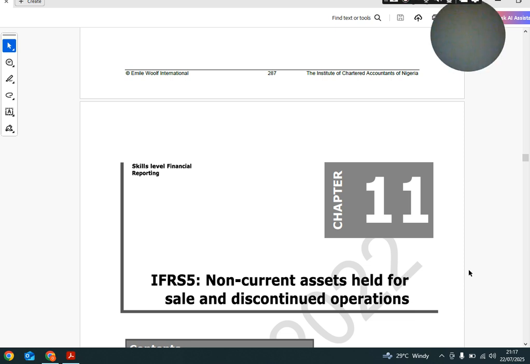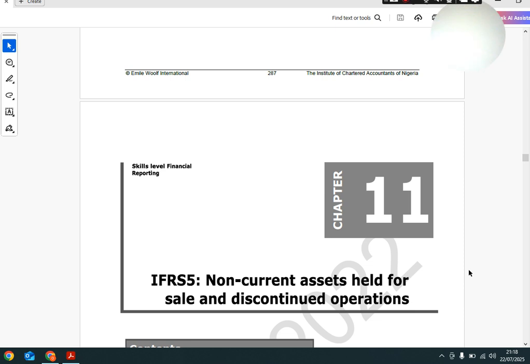So like I said, the scope of this standard: the standard does not cover investment property, right? That is assets held for rental income or capital appreciation. This standard does not cover it. IAS 40 covers investment property. When we get to IAS 40, we will talk more on that.